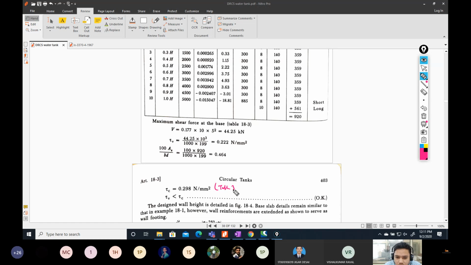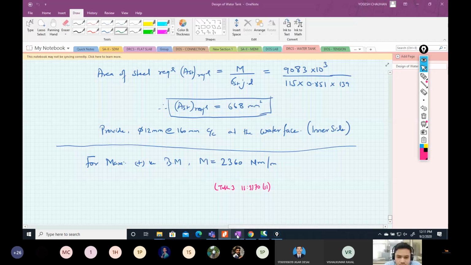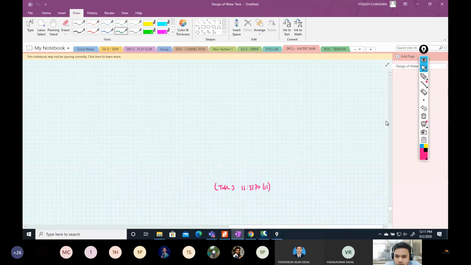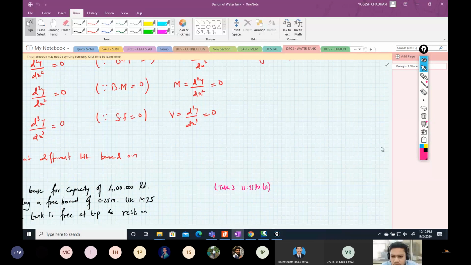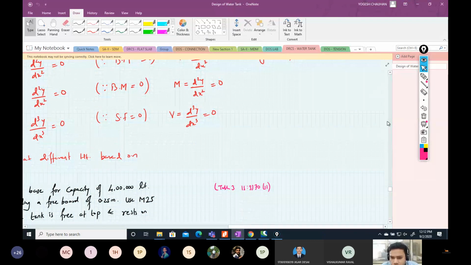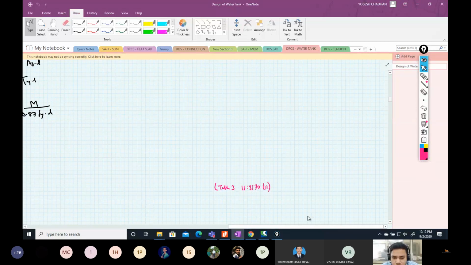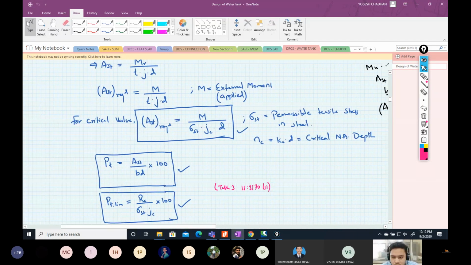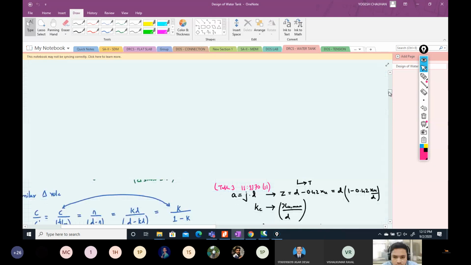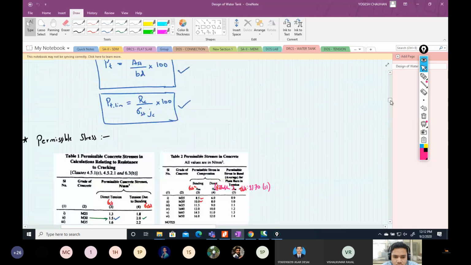I think table 3 of IS 3370 part 2. Okay, we have gone through this table, the permissible stresses.